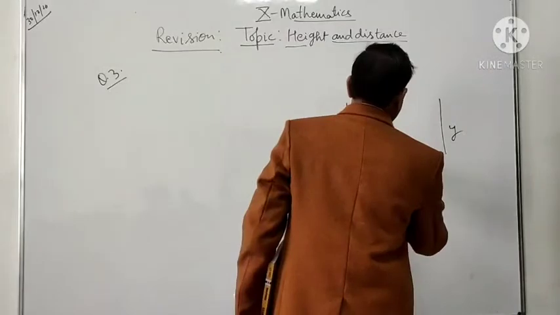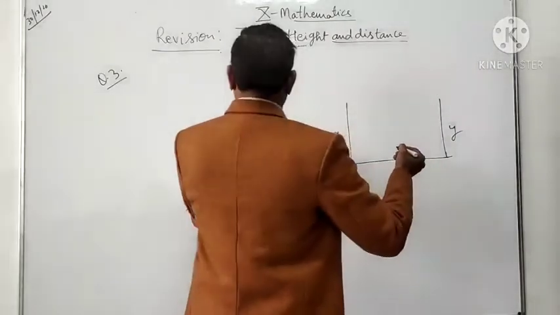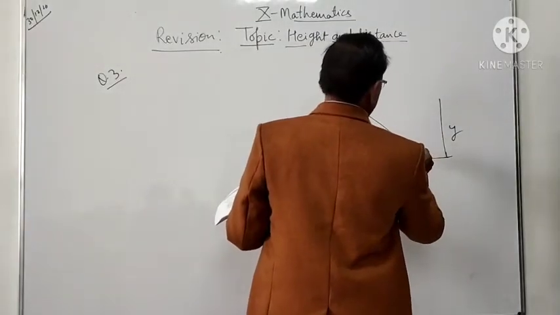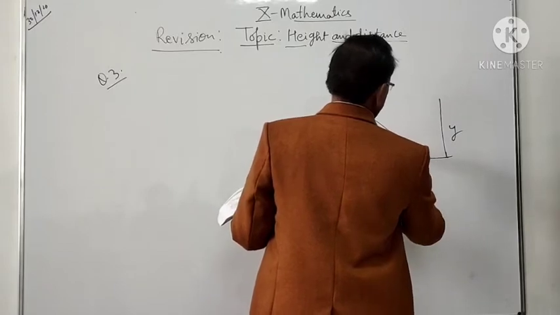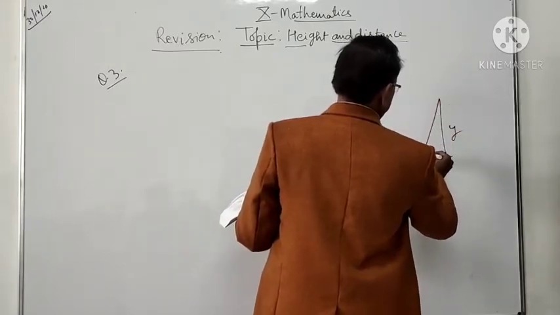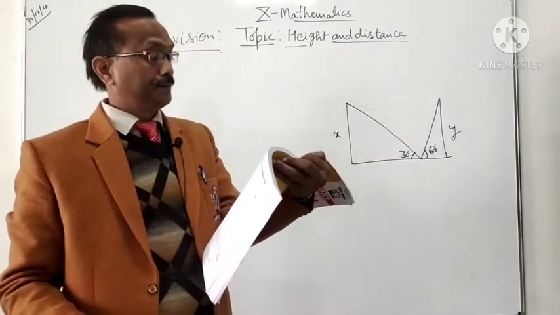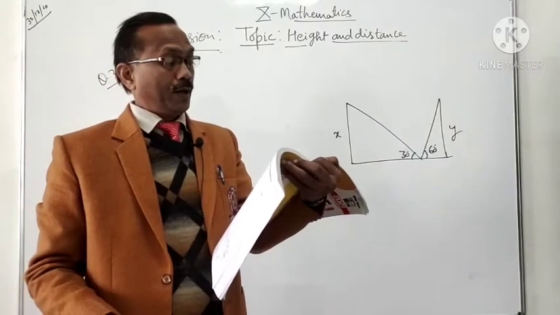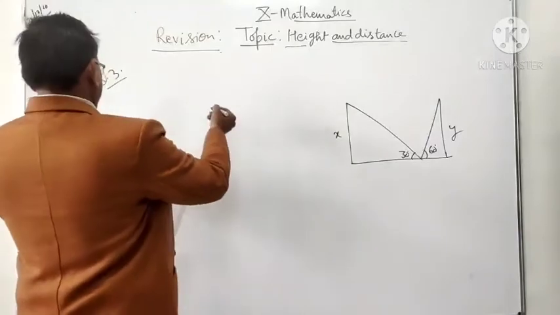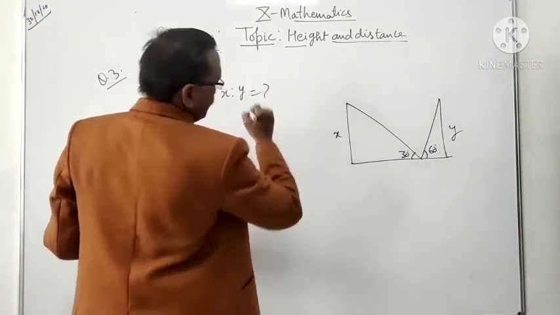So there are two towers, their heights x and y. Let us join their feet. They make the angle 30 degree for height x. This is 60 degree. Then find x is to y. This we have to find.